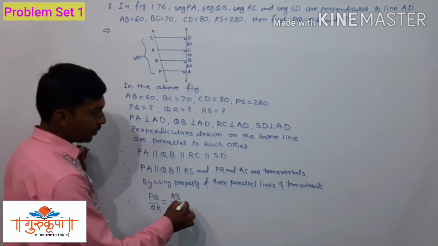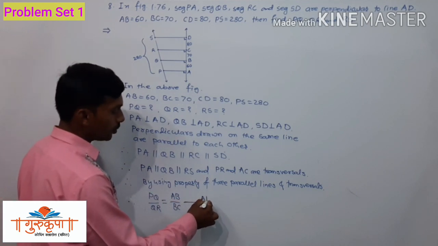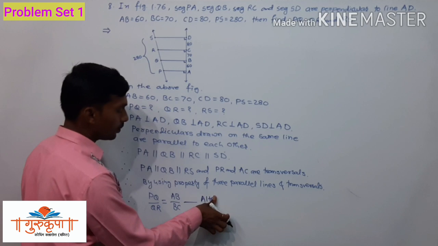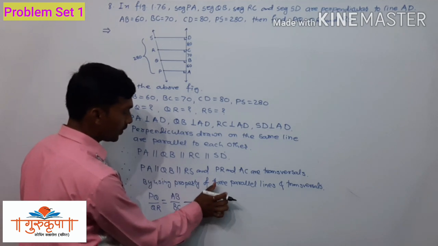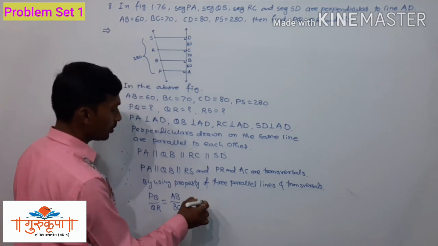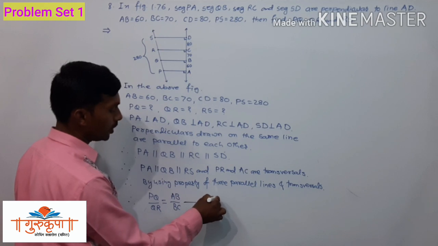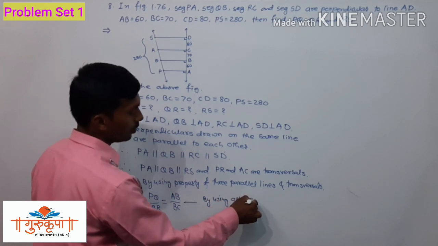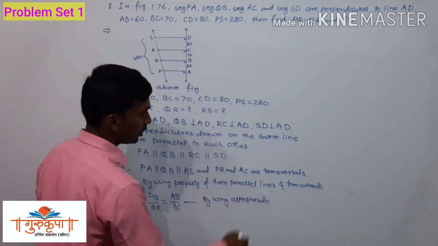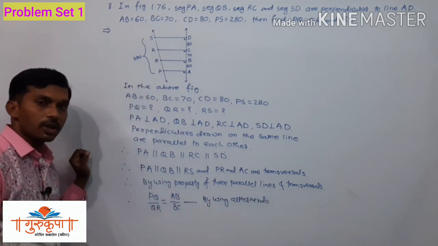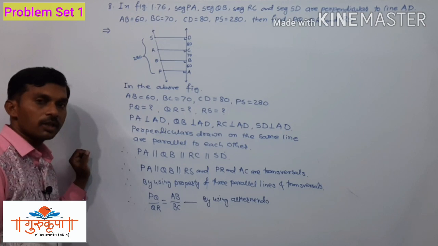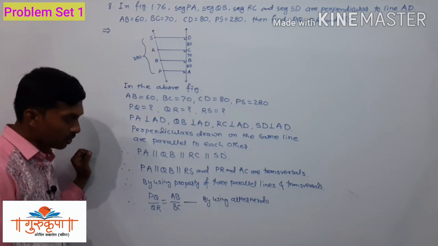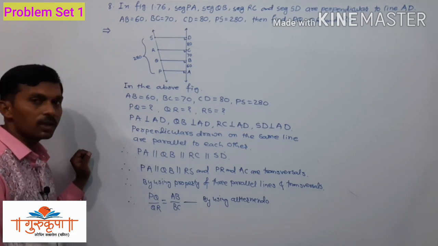And here we have to use the property of alternando. What is the alternando property? We can interchange the numerator of the first and the denominator of the second, or the denominator of the first and the numerator of the second.